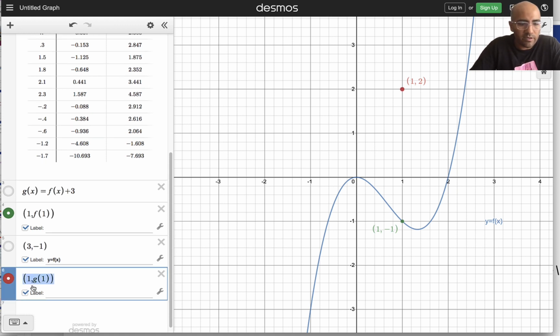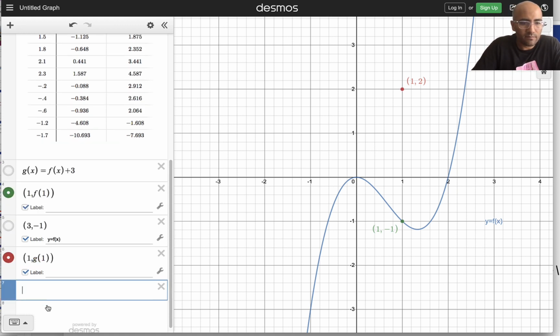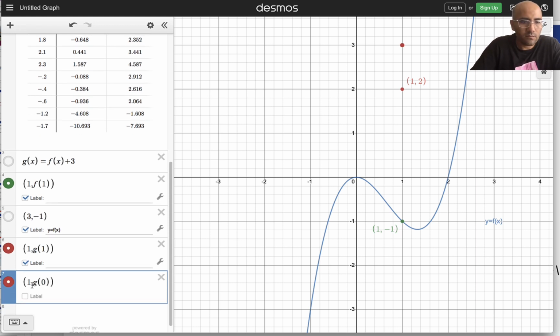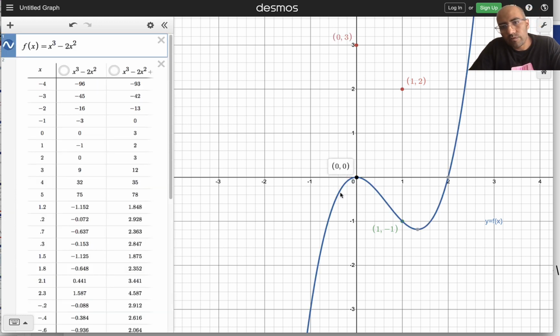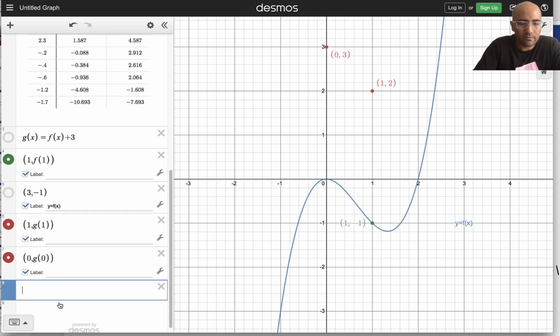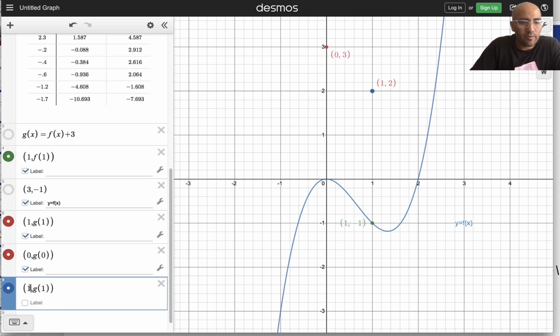So it went up by 3 points. And we can do the same thing with a couple of other ones. Copy, Control V. How about at 0? At 0, the old function was mapped to 0, 0, but now the new function is going to map to 0, 3. Okay. Same thing happens with other points. Let's try maybe one more. Control V. How about negative 1?